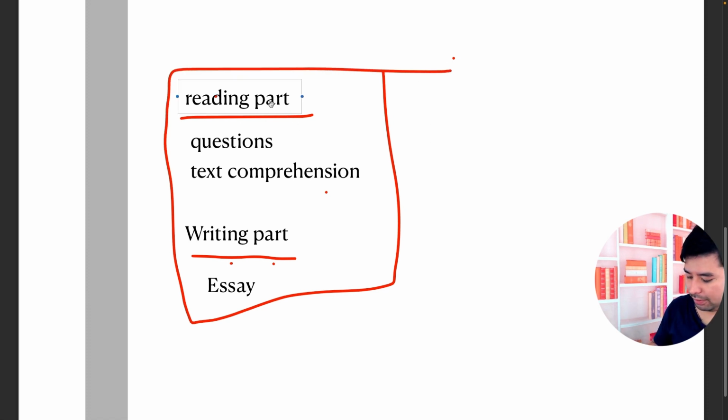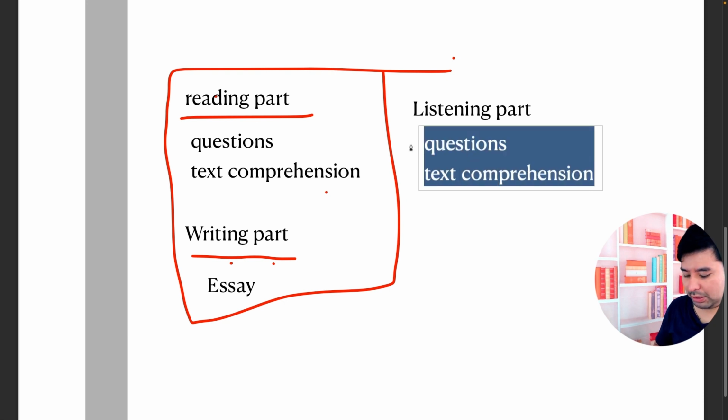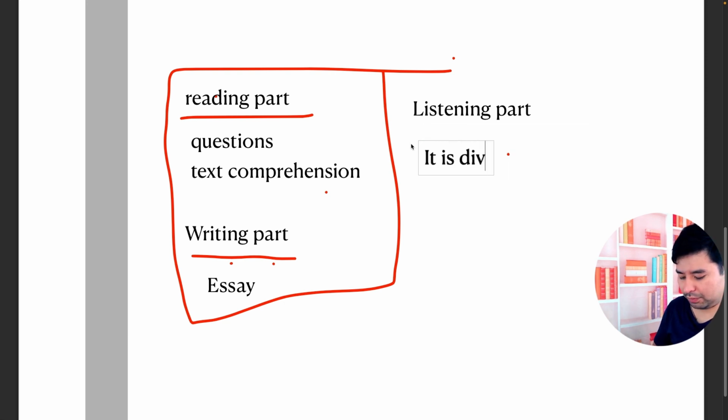After that we have a listening part, and it is divided in 2 parts. The listening, of course.